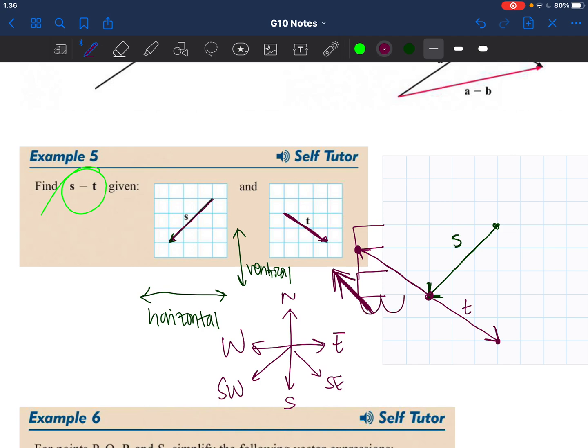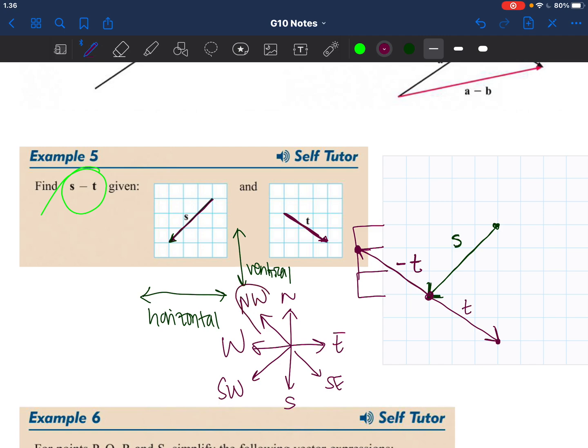So 3 and then 2. Again, they would have the same magnitude, but since this is a different direction, this is negative T. It's the opposite direction of T. So if T was southeast, then negative T would be northwest.